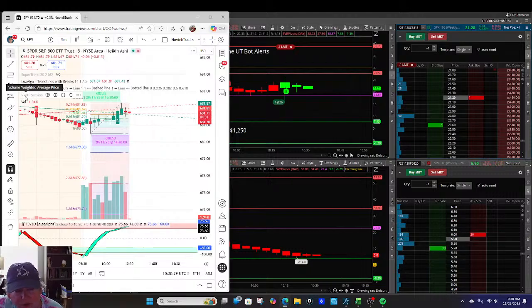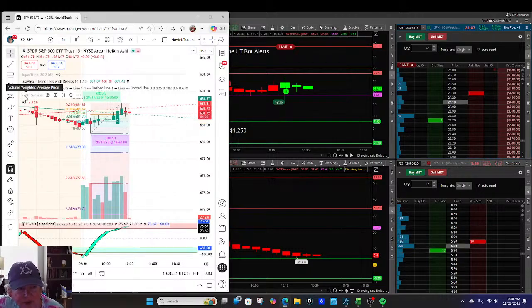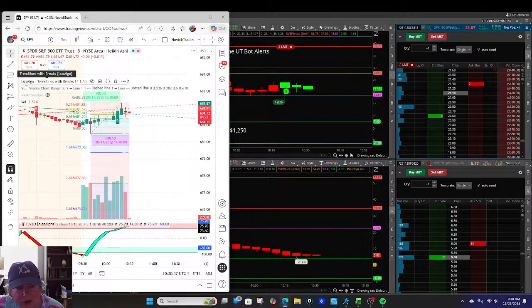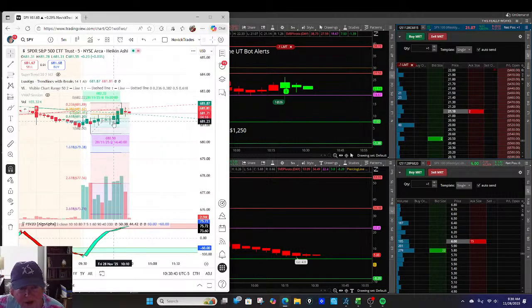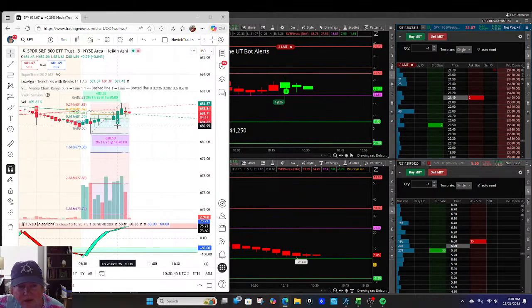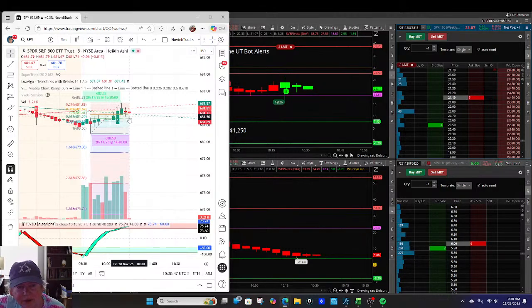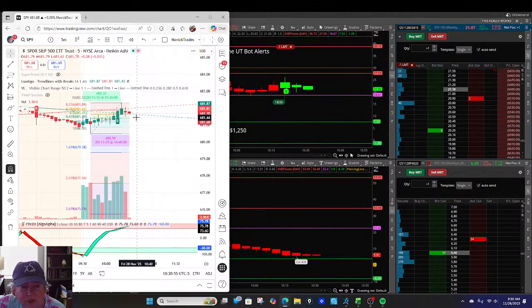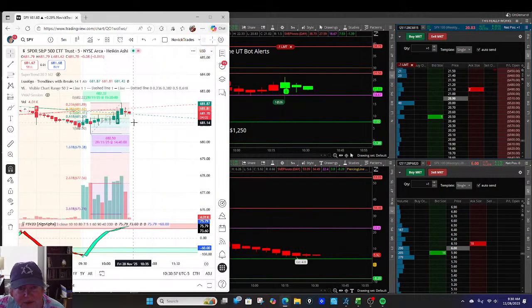Sometimes I look at the VWAP, sometimes I don't, just depends. I've got volume up. Lux Algo made this wonderful indicator, trend lines with breaks. And here we see a break going to the upside, but now it's kind of coming back a little bit. I'm confident though that it's going to continue to go up. It might retreat a little bit, but it's going to make it back up.